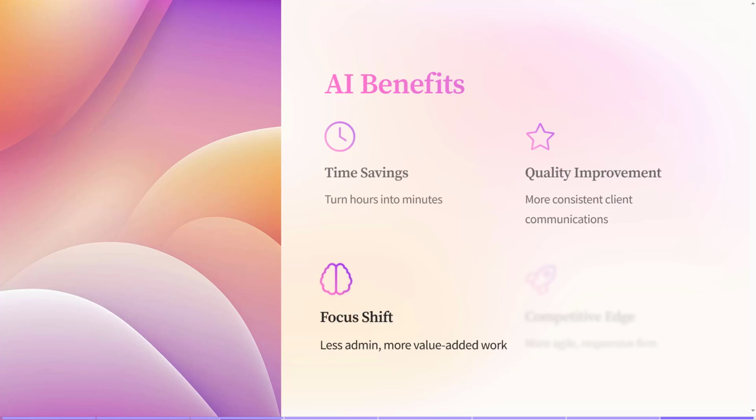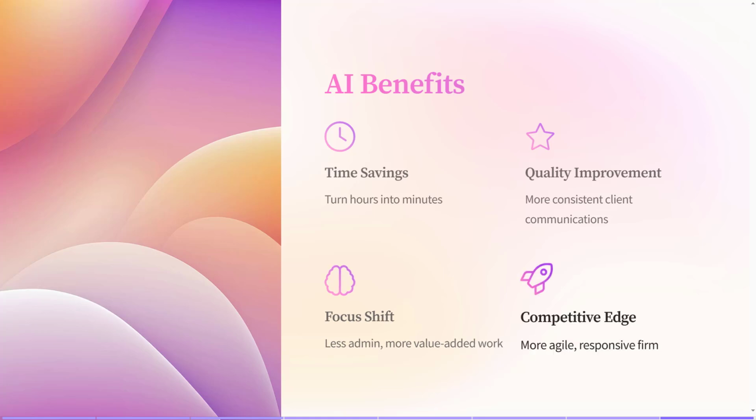By getting AI tools to take care of a lot of the admin, you can then shift your focus onto more value-added work, adding more value to your firm. And if a firm as a whole truly embraces AI and implements it across the board, then you're going to have a more agile, more responsive firm that can do more work in a shorter space of time. So there are lots of clear benefits to using AI.